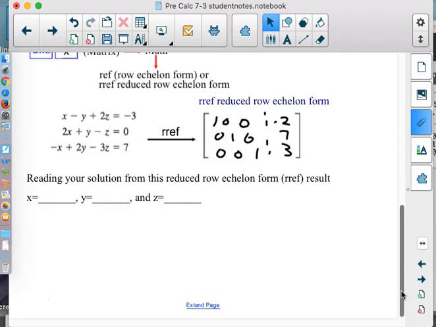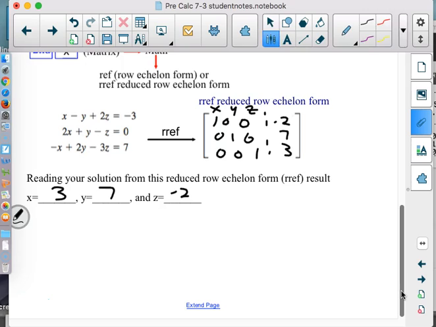Which of course, we don't have to do any math, and we know that x is 3, y is 7, and z is -2. So there's our x, y's, and z's. So this has 1x, 1y, and 1z as we go through that. So it is really nice for checking to be able to put that into the calculator.